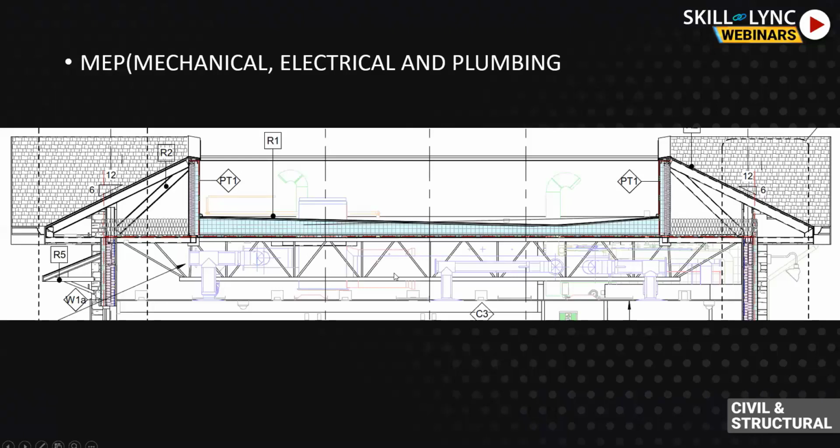Similarly, with MEP, as I went back and showed, this is what mechanical, electrical, and plumbing would look like, and you want to have all these elements coordinated straight away. You don't want to end up on site with these things clashing, because there would be a general contractor, a steel contractor, a mechanical contractor, and in mechanical an HVAC contractor, plumbing contractor, electrical contractor.